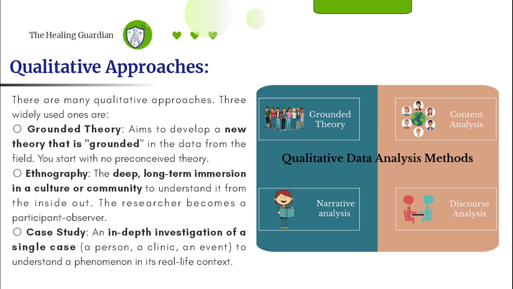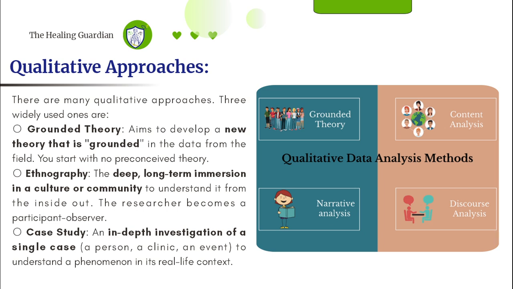An example is you are studying how communities in Gulu are dealing with post-conflict trauma, maybe from the war, in order to develop a new model of resilience. You are studying how they cope in order to develop a new model of resilience. So you are building up a new theory that is grounded in the data from your field.